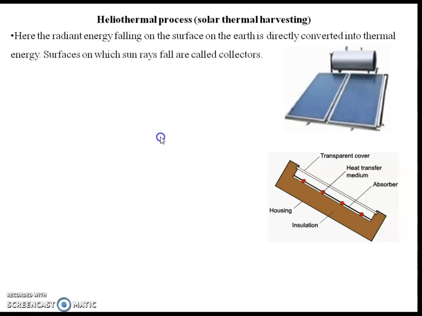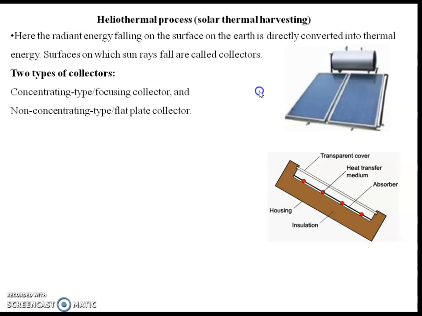Here the radiant energy which is falling on the surface of the earth is directly converted into thermal energy. The surfaces on which the sun rays fall are called collectors, meaning solar collectors.